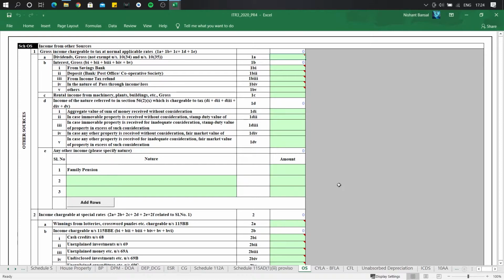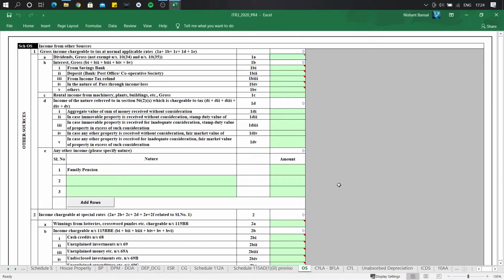Since we all know that the father comes under the definition of relative, particularly for the purpose of gift, and any gift from a relative is not taxable according to the provisions of the Income Tax Act, therefore this transaction would not be taken into account.